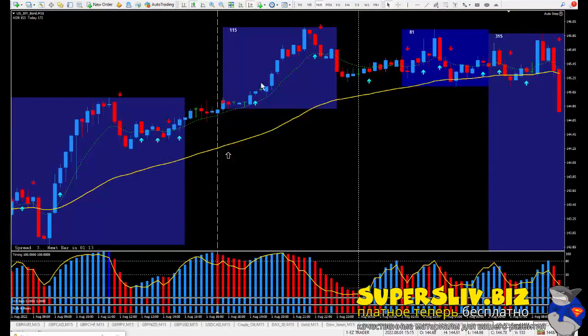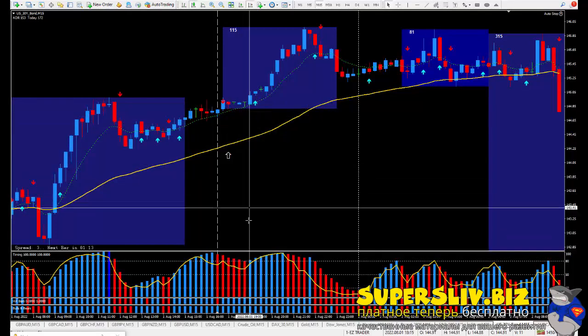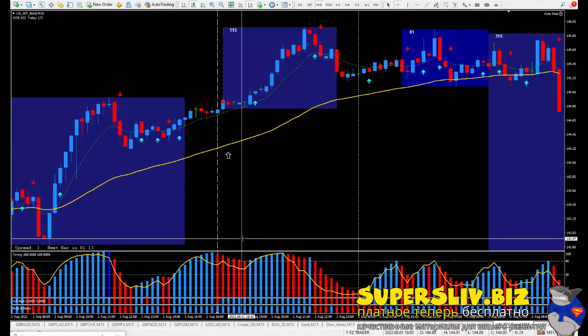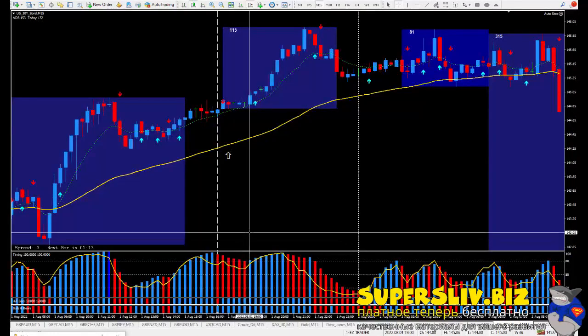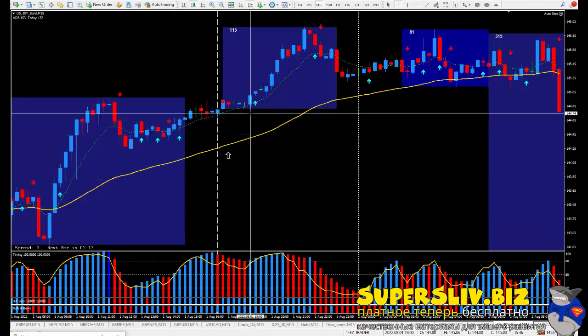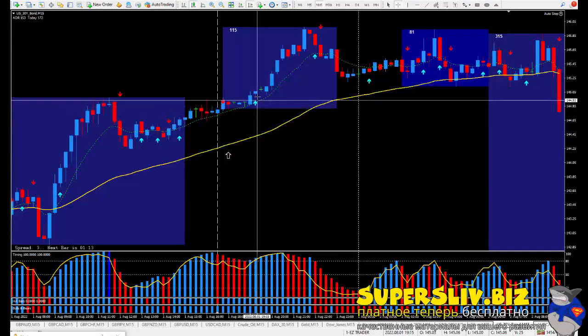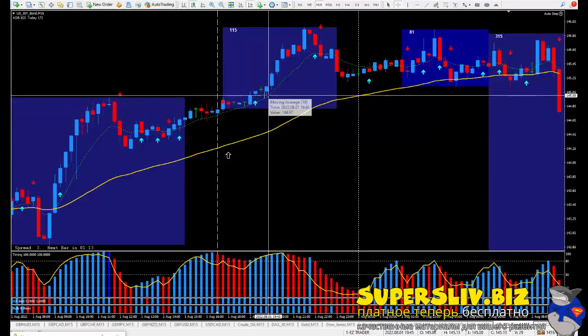So once you get the pullback, you're just going to wait patiently down at the bottom until you get the setup candle, which is right there. It's blue. All 3 bars are blue. TZ is going up. So on the next candle, you can get in here or here. Stop will be at the bottom of the blue box or the swing pivot low.